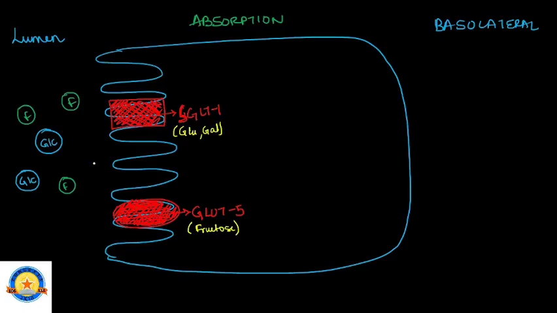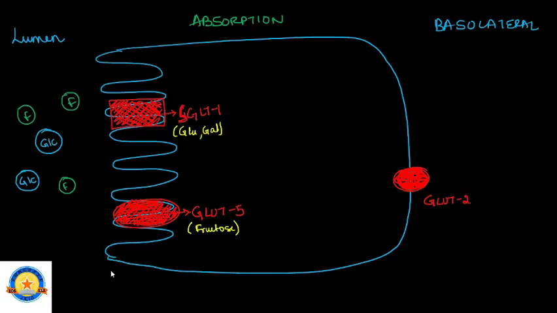So as soon as the monosaccharides are present here, the cell will sense it and start producing these transporters. Now there is a particular transporter on the basolateral side also, called GLUT2.